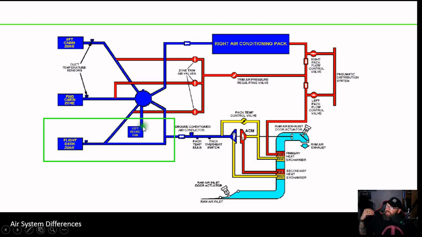And like I said, it is an additional fan that is put into the system that does not exist in the 7.6. So again, just another small difference here in these particular air systems. Everything else, zone temperature controllers, trim air valve, the way the ACM works, all of that stuff is the exact same as the 7.6.